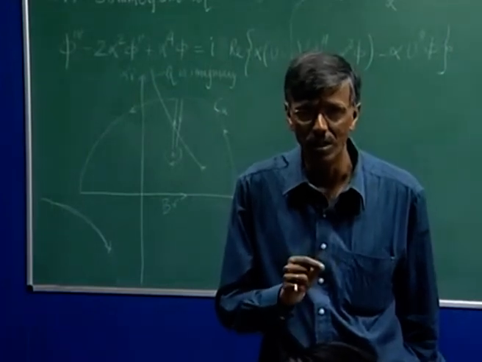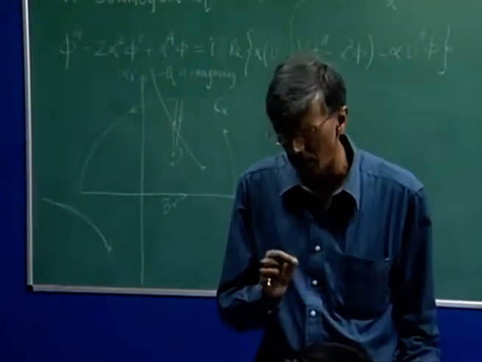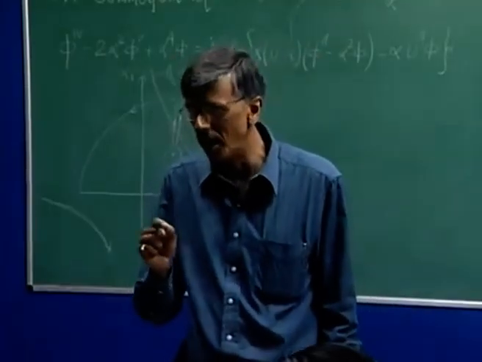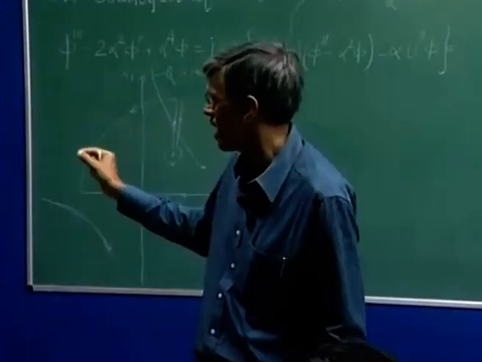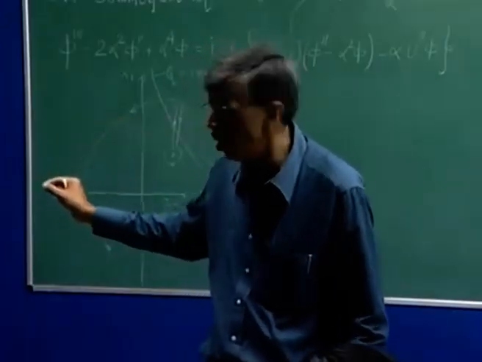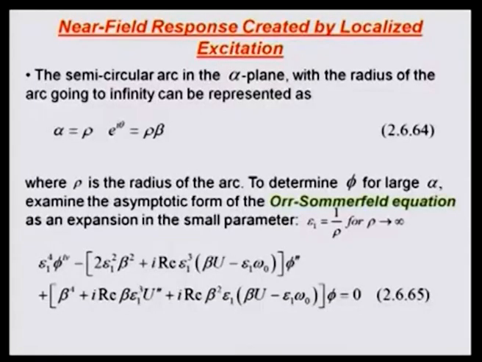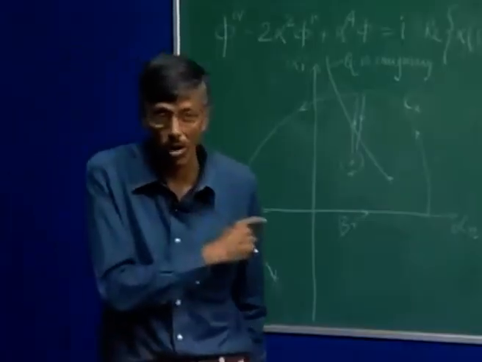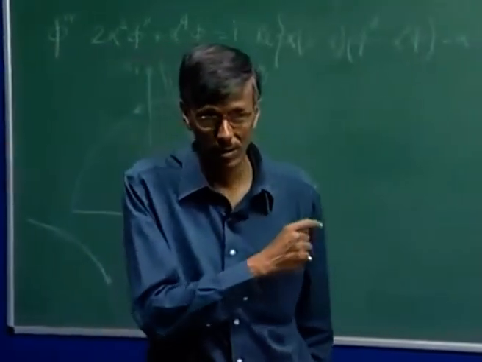That is one of the problems with singular perturbation theory, because you cannot just simply go to the limit epsilon 1 going to 0. If you do, then immediately the highest derivative term disappears, and then you will not be able to satisfy all those 4 boundary conditions that we have been solving so far. Right?